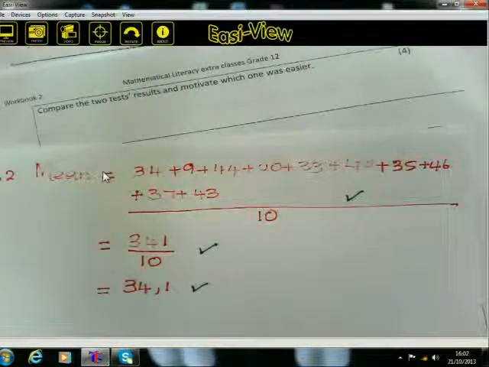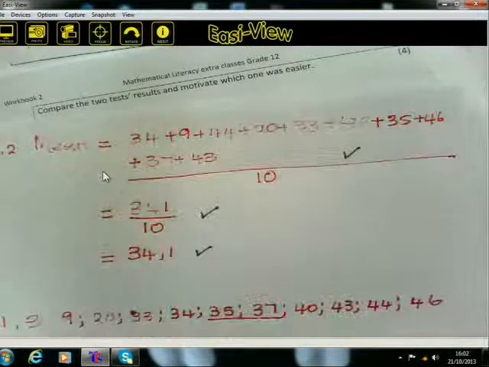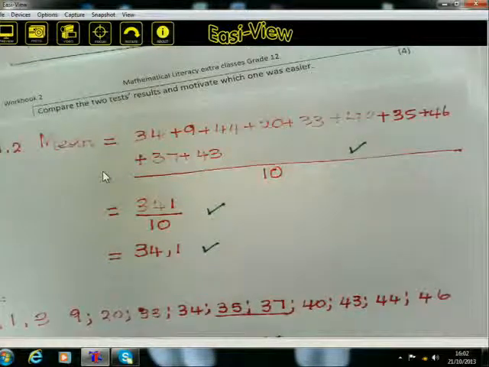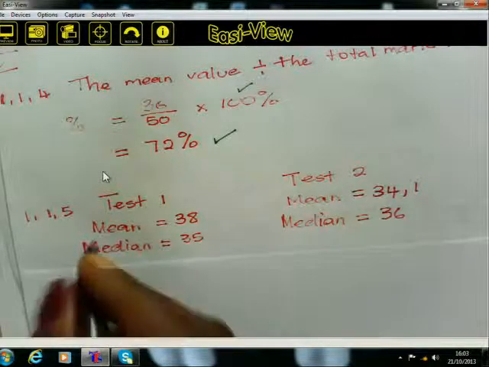I will just give you 2 minutes to compare the results. Then after, you tell us which one was easier. I believe we have compared 2 results and you have motivated your answer, which one was easier. We can start now with test 1.